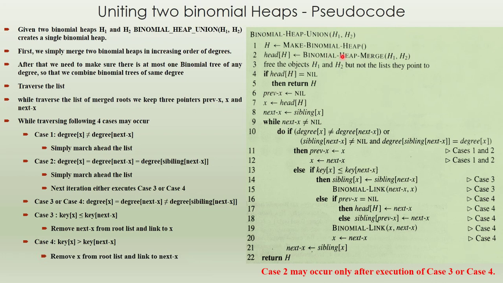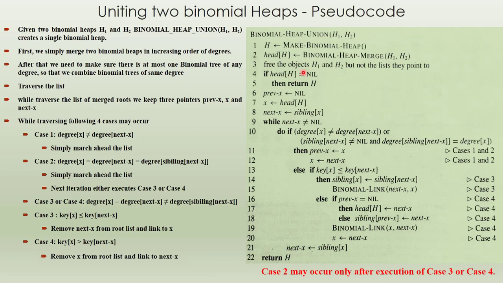So this binomial heap merge is very similar to the merge procedure in merge sort. That's why that pseudocode is not discussed here. Here we are merging these two root lists in the increasing order of degrees. Next, free the objects h1 and h2, but not the lists they point to. We had 2 pointers h1 and h2. It is clear. It is just for garbage collection.